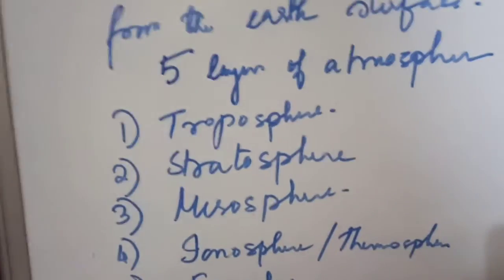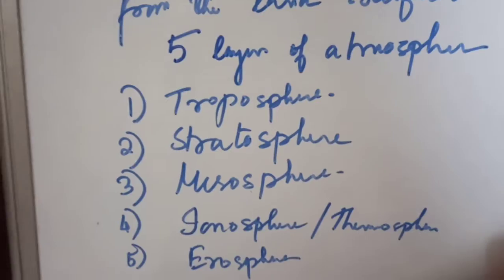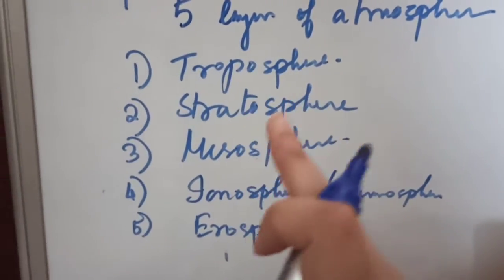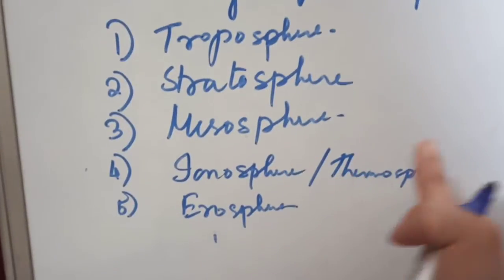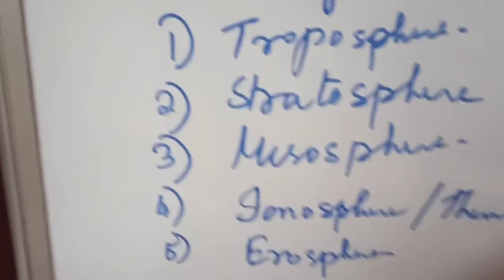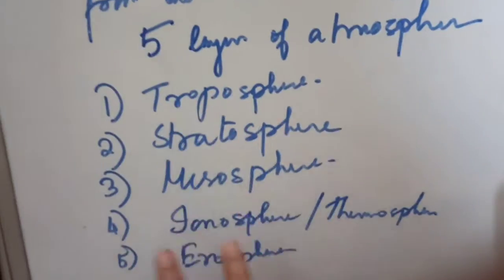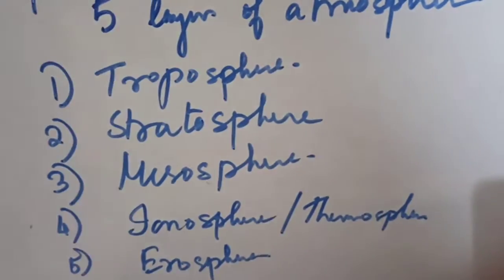So these are the 5 layers of the atmosphere. Now let us go into a detailed study of all these layers.